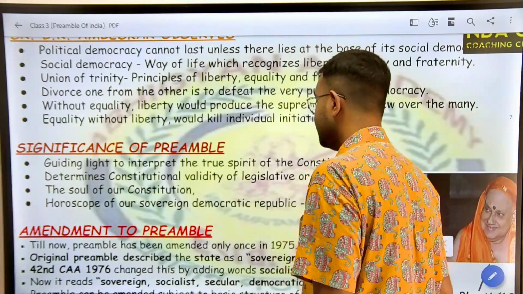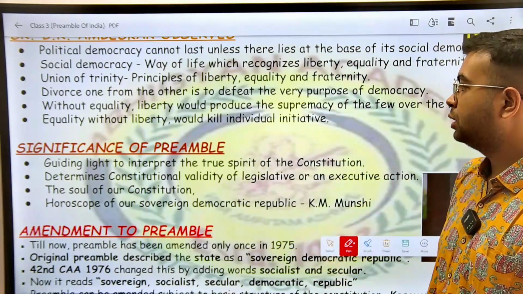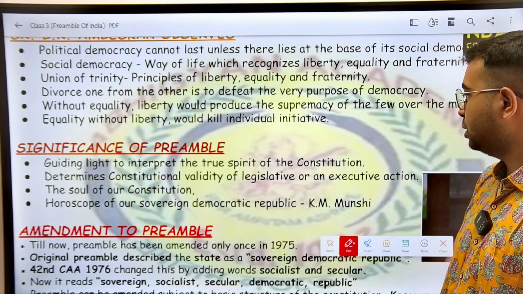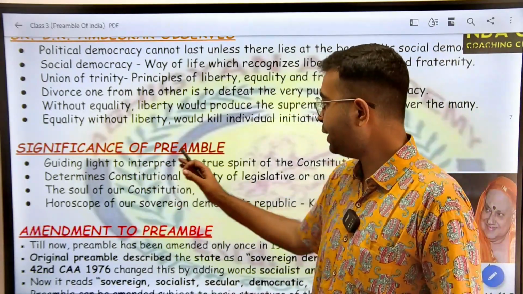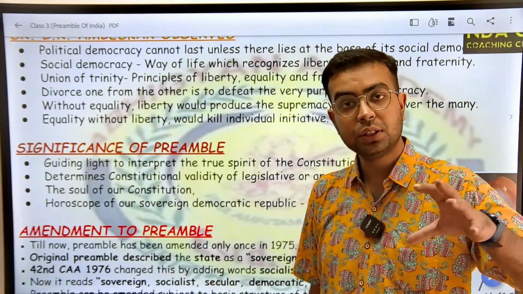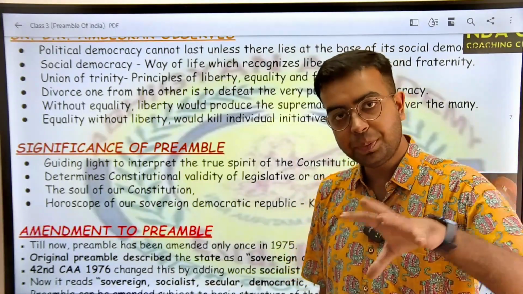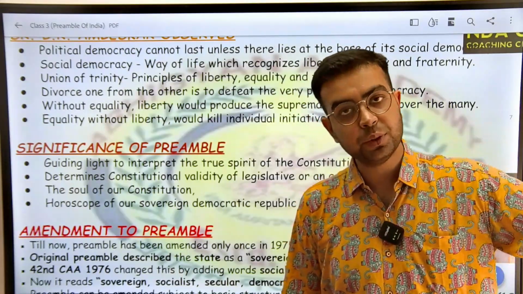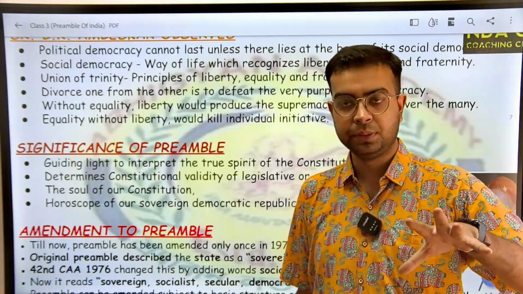Now, what is the significance of this preamble? Why do we need this preamble? Because it's a guiding light to interpret the Constitution. Yes, the court cannot enforce the preamble in a judgment, but the court can always refer to the preamble before giving a judgment.